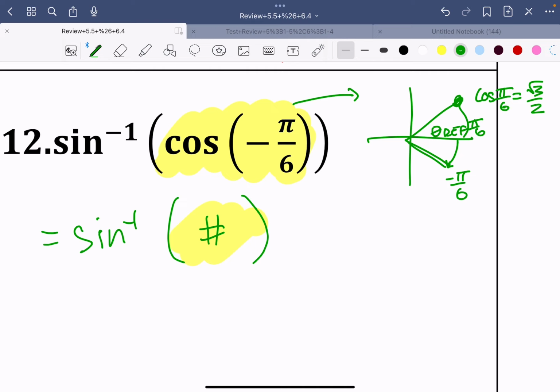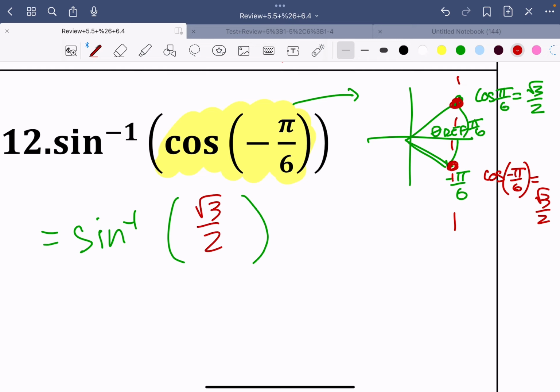So that means they have the exact same x value, or the exact same cosine. So this is exactly the same as the cosine of negative pi over 6. It will also be the square root of 3 over 2. So this is the cosine inverse of the square root of 3 over 2.